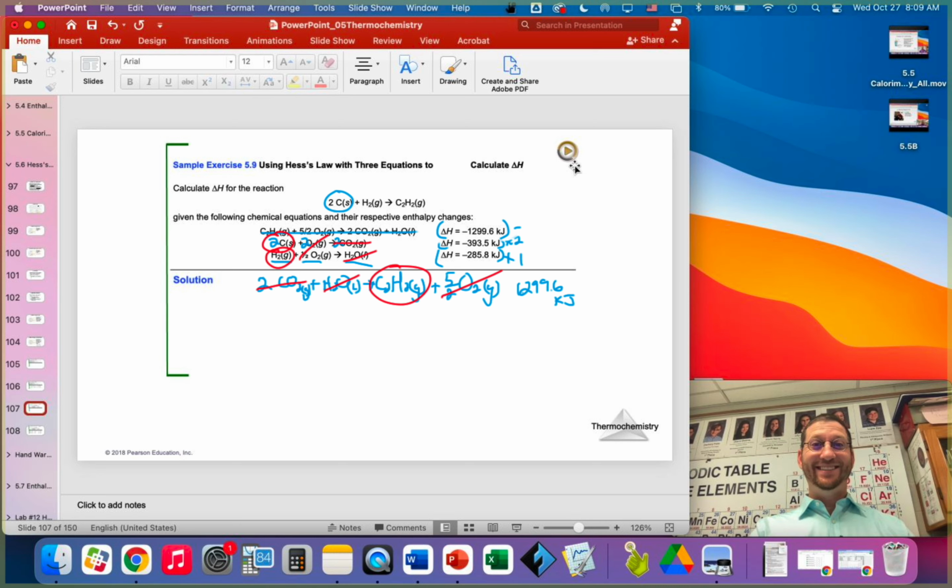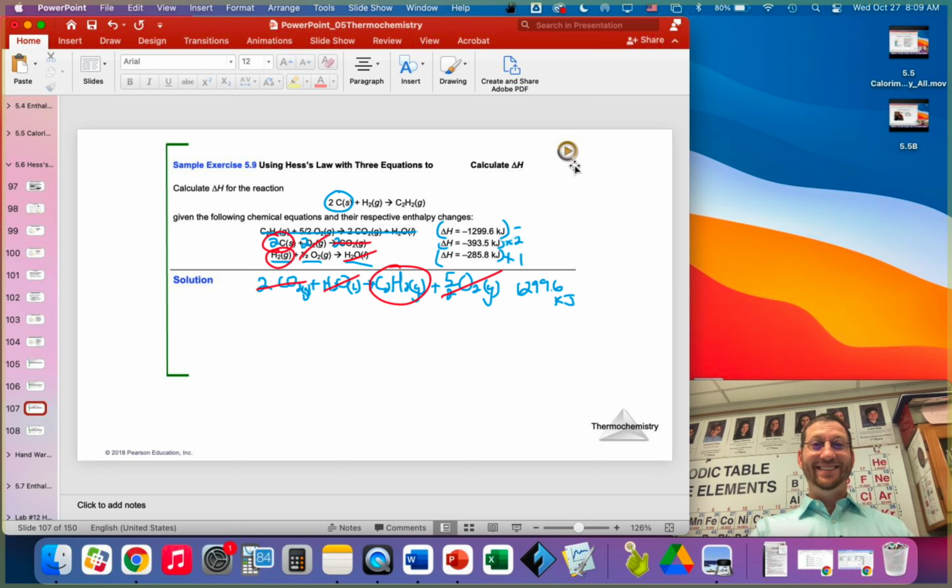So let me grab a calculator and do the final math. Everything's got one decimal place, so we'll add everything up to one decimal place. So positive 1299.6 minus 285.8 minus 393.5 times 2, and I get 226.8 kilojoules.